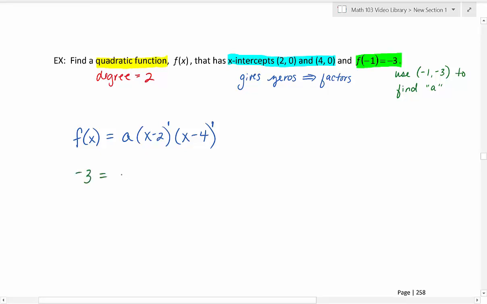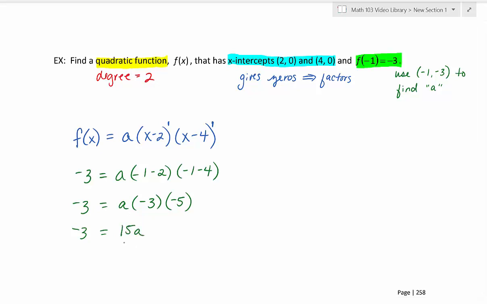Negative 3 equals a times (negative 1 minus 2) times (negative 1 minus 4). Negative 3 equals a times negative 3 times negative 5. Negative 3 equals a times 15. We'd be better off writing that 15a.